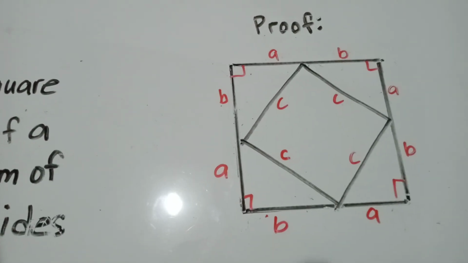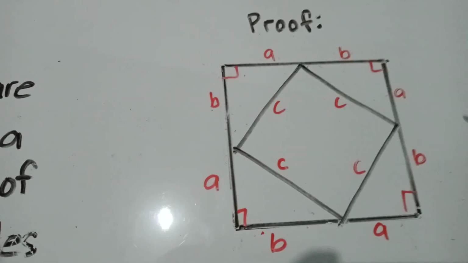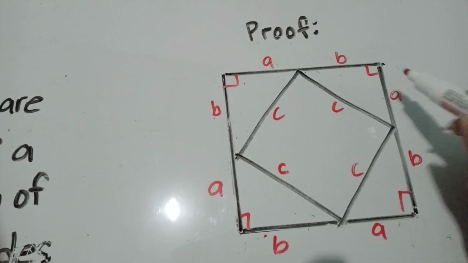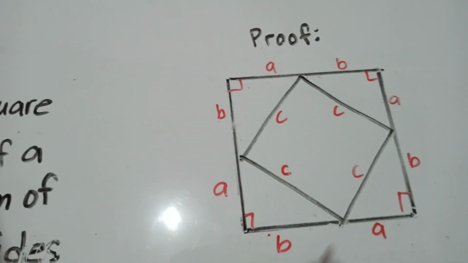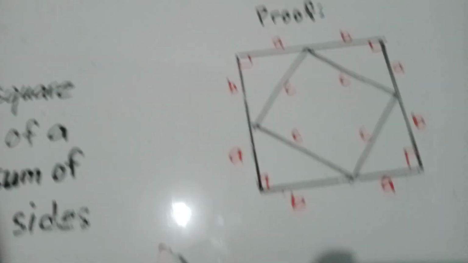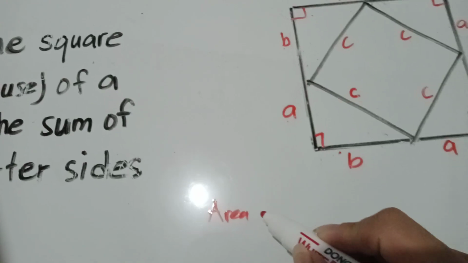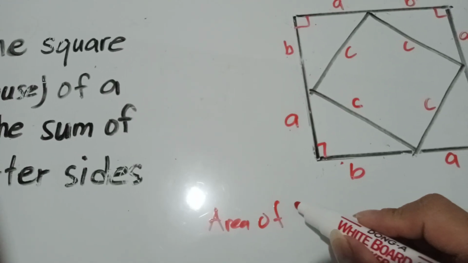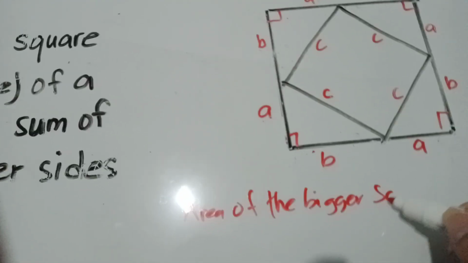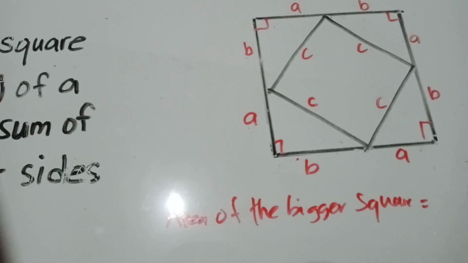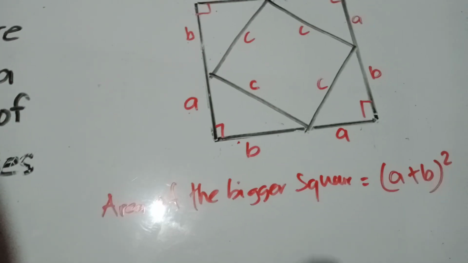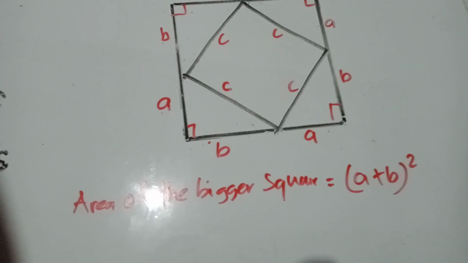So when we analyze this illustration, the side of our big square is A plus B, because we have A plus B. So the area of the bigger square is equivalent to A plus B squared, because the area of a square is the side squared.